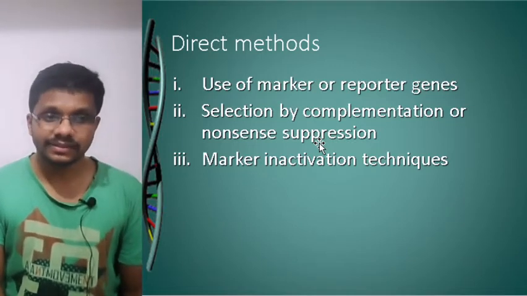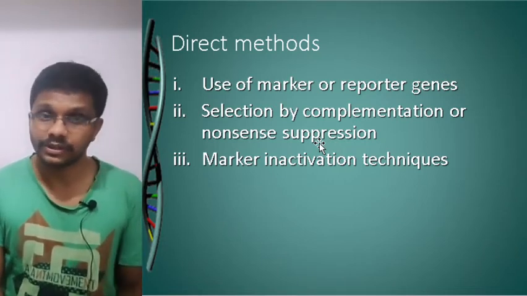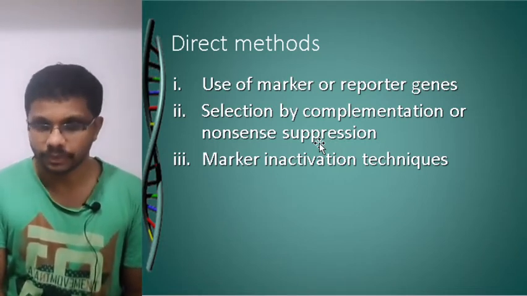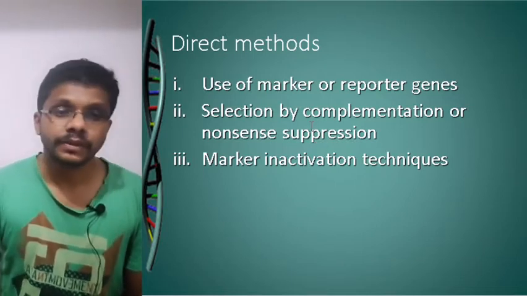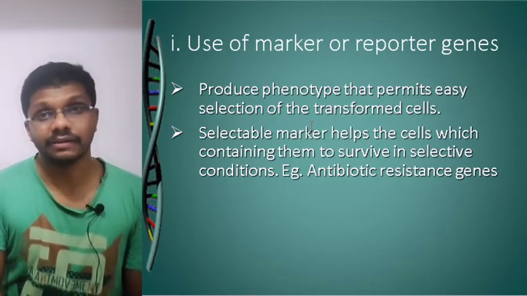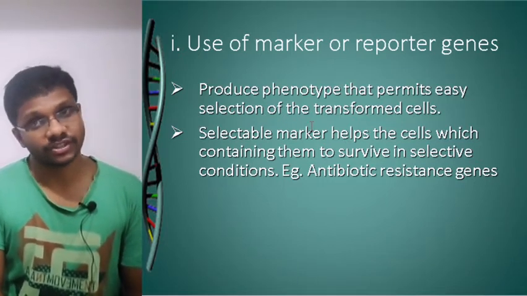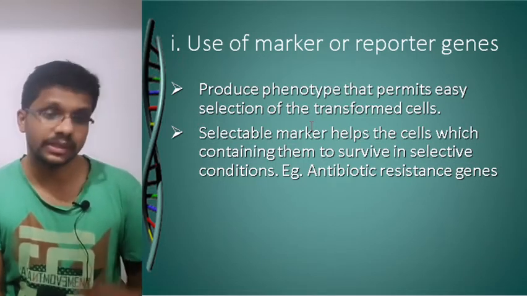Inside direct selection, there are three different strategies. We can either use a marker or reporter gene, or we can go for complementation, and there are marker inactivation techniques too. In the use of a marker or reporter gene, our plasmid will have a particular gene, and based on the function of this gene, we can find which cell is transformed and which one is not.